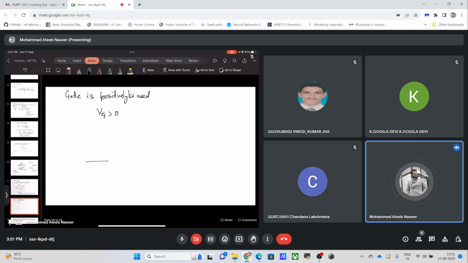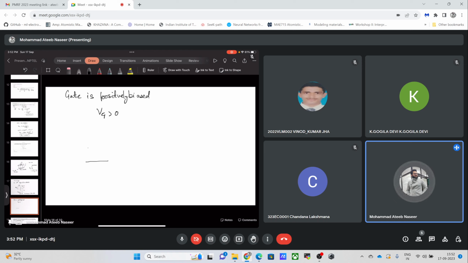We will have a lot of electrons that can easily move towards the interface. As a result, the interface will become more n-type. That is simple because I am applying positive bias, so I will be attracting the negative charge towards the interface, and electrons will come closer to the interface.